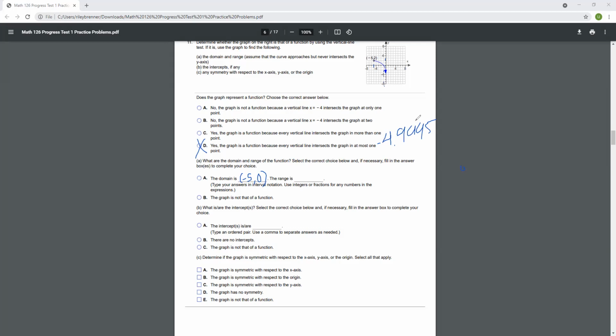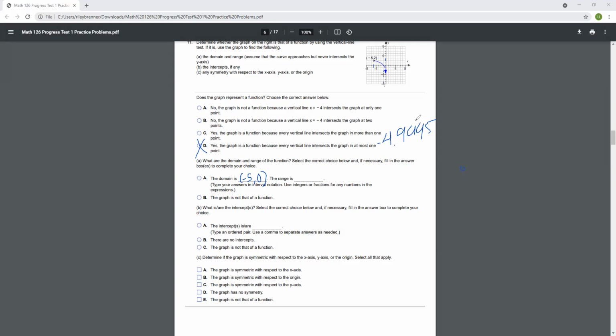But whenever I see the open circle, I should always associate that with a parenthesis rather than a bracket. Similarly, when I have those asymptotes, same idea. I can get super, super close as I go further, further down forever, but I'm never actually going to reach where that asymptote is, so it also gets a parenthesis.